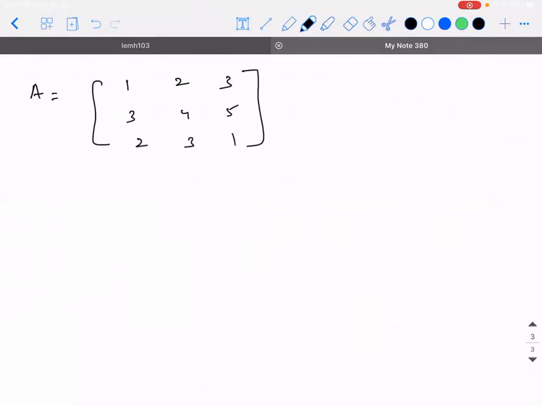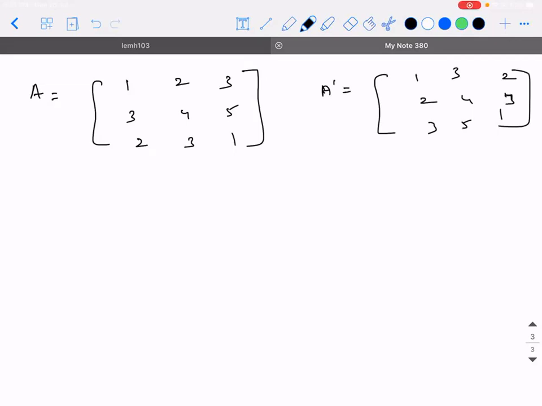Is it symmetric? We have to check, sir. Check it. The transpose is 1, 4, 1, 3, 2, 2, 3, 5, 3.